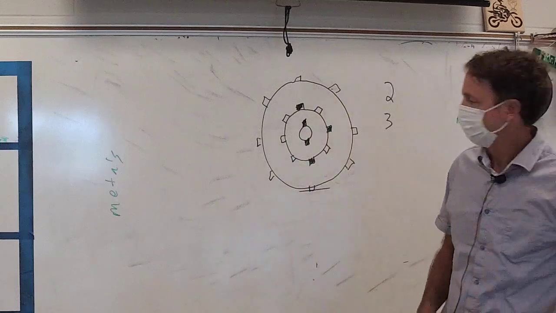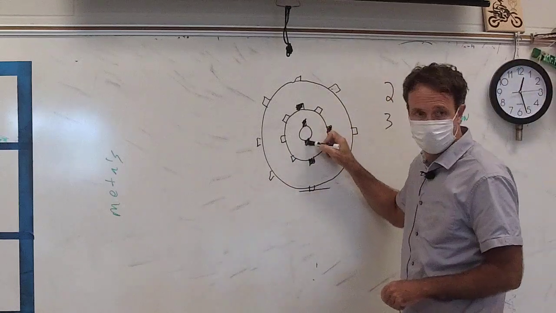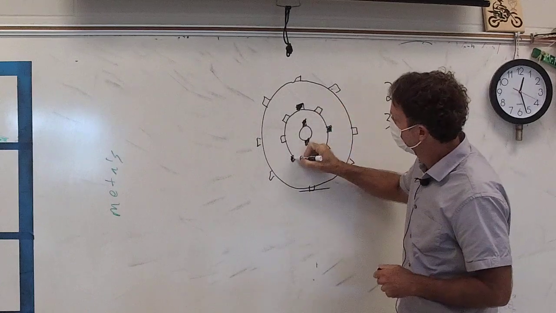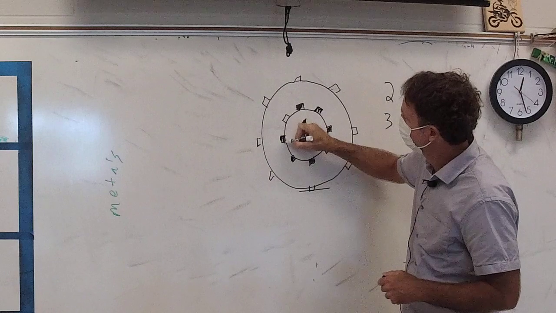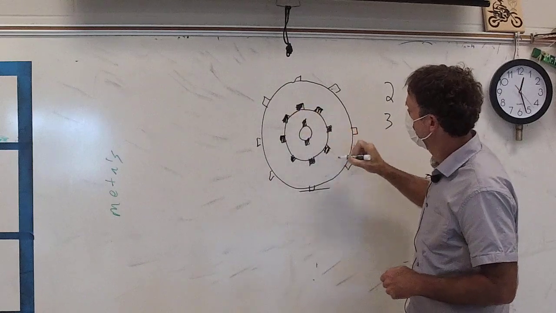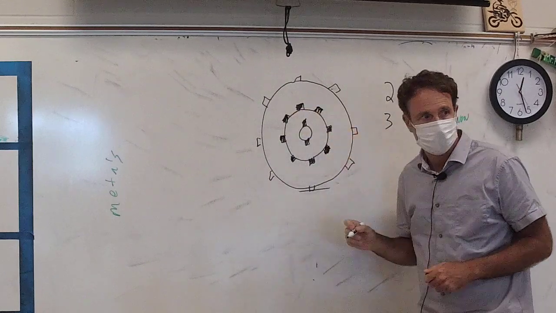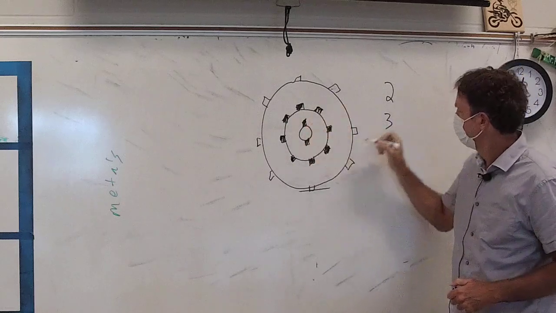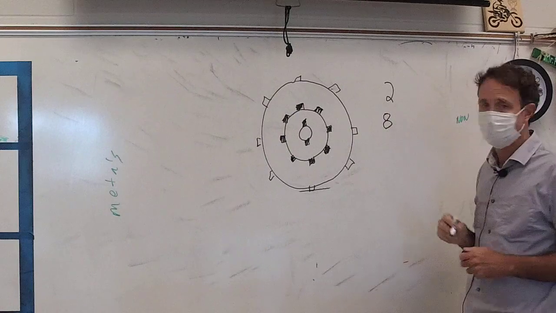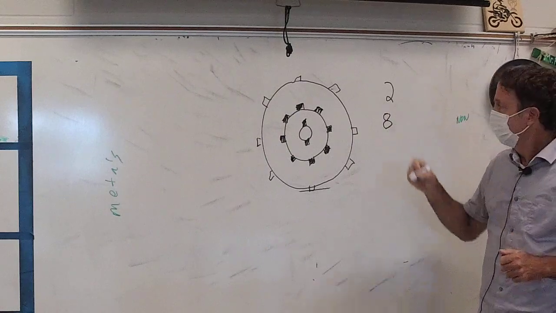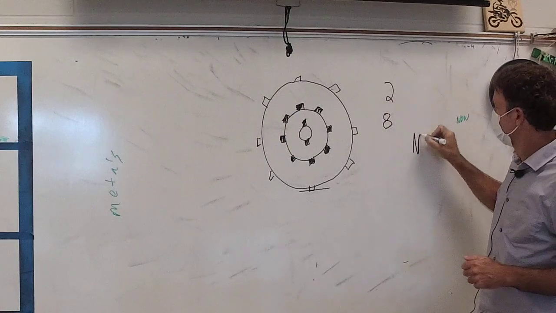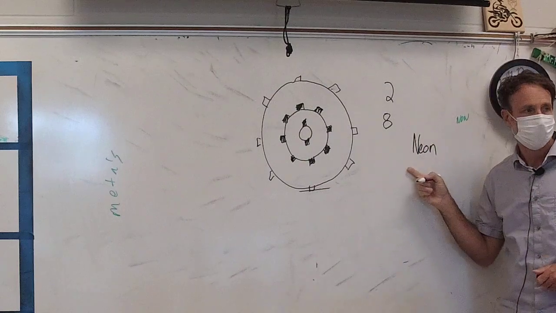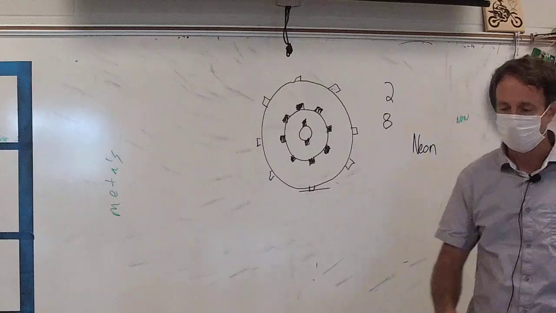So 1, 2, 3, 4, 5, 6, 7, 8, 9, 10. Oh, okay, that's convenient. I've got 2 in the innermost ring, and now 8 in the second ring. 2 and 8. 2 plus 8 is 10, so this is going to be neon, because neon is number 10 on the periodic table, right? Let's take a look up here at neon.